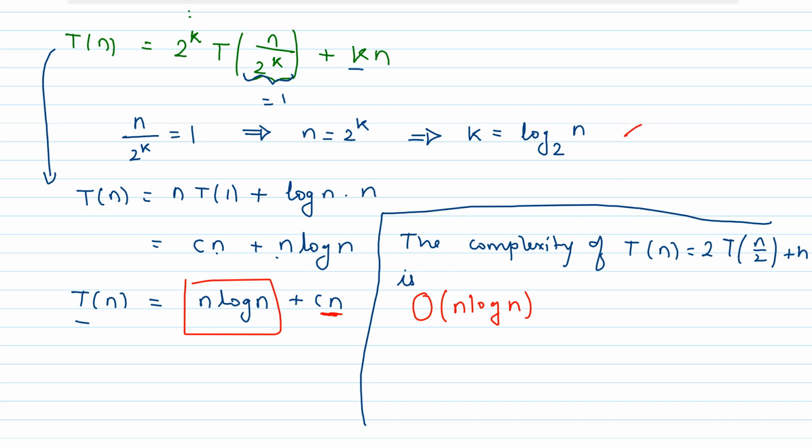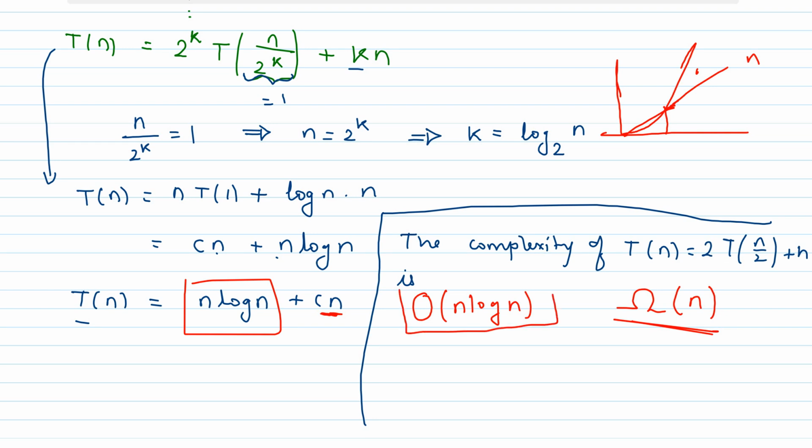If you look at the graph, this is the graph of n, but for the n log n graph, maybe initially it is 0 and then it goes increasing like this. You can see that after some point n log n will always be higher than n, and that is why we can also say that the complexity of this recurrence relation is omega of n. But we widely follow the upper bound notation, that is why we will go with this one.